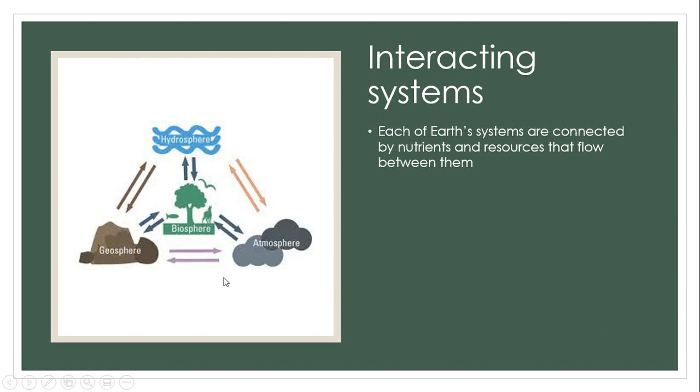So we looked at the carbon cycle. Carbon can move between the biosphere and atmosphere through photosynthesis, especially when plants take in carbon dioxide gas and release oxygen gas. There's that interaction. When humans burn fossil fuels that we find in the lithosphere or geosphere, that carbon from oil sinks in the ground, goes into the atmosphere as carbon dioxide gas.